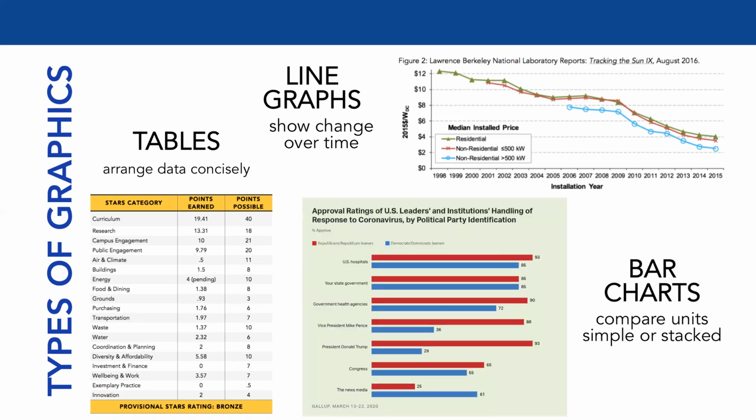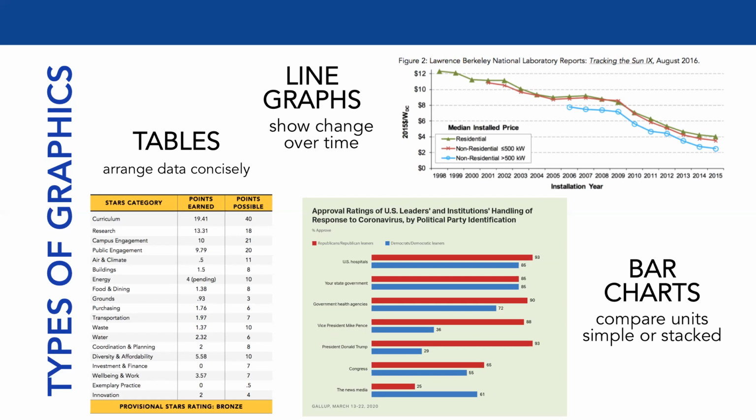Speaking of coronavirus, here's a bar chart. What this bar chart shows in the red are Republican leaning voters, and the blue is Democrat leaning voters, and their level of trust or approval ratings, I'm sorry, of different institutions' handling or leadership in response to the coronavirus. So we show, generally, regardless of your political party affiliation, most, 85% of Americans approve of the way the states are responding to the issue.